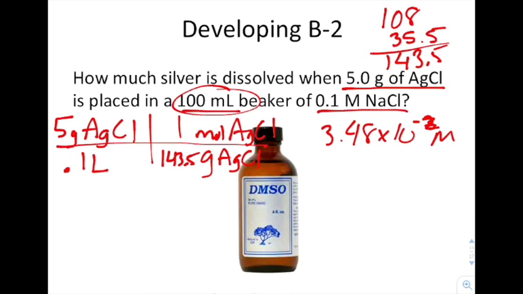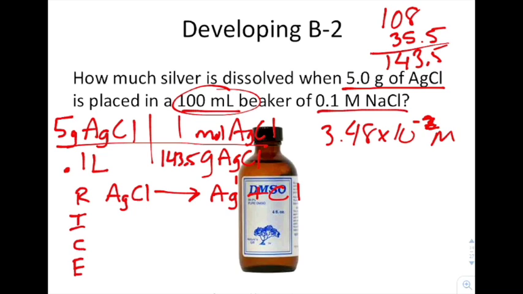Once we have that molarity, we need to use our RICE chart. So we use our RICE chart, and we have silver chloride going to silver plus chloride. Now the difference here is we can't just simply plug in infinity and 0 and 0 like we've always done.